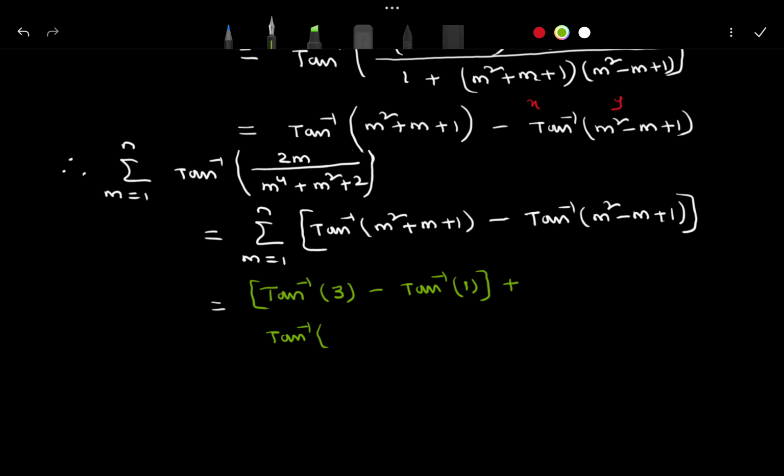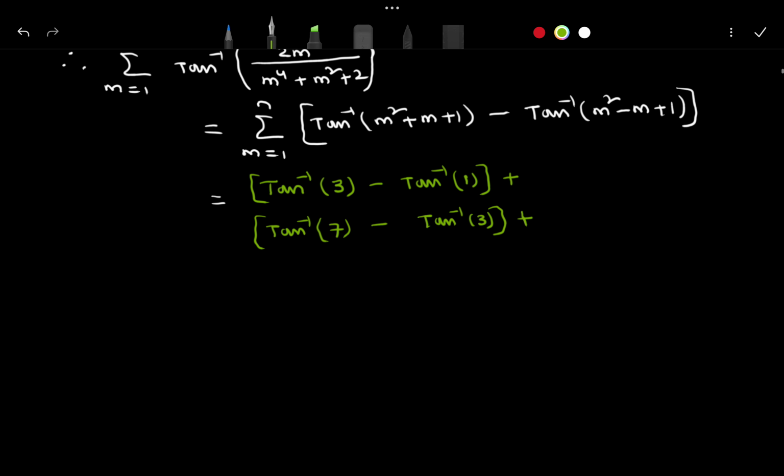2 square is 4, plus 2 is 6, plus 1 is 7, minus this value will be tan inverse of 3. Okay, so this is the second term. Next, m equals 3, you substitute. If you substitute m equals 3, what is that value?